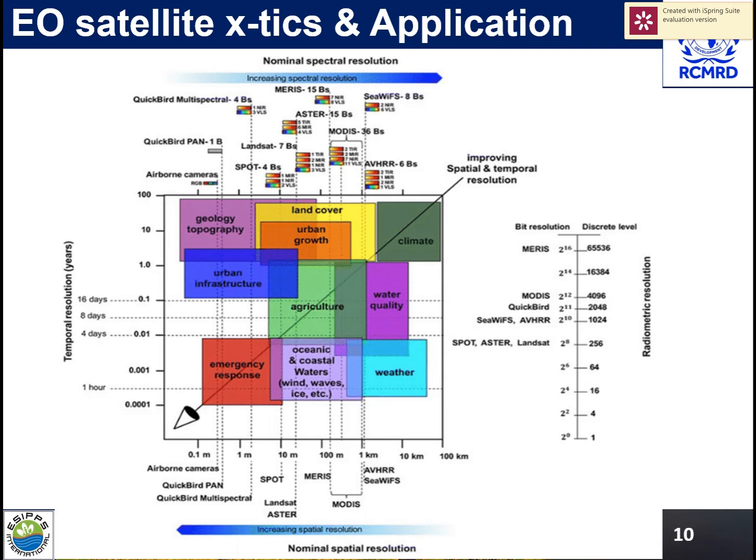We'll see that climate application is okay with a low spatial resolution of about 10 kilometers, and it is applicable for satellites that have a low spatial and temporal resolution.